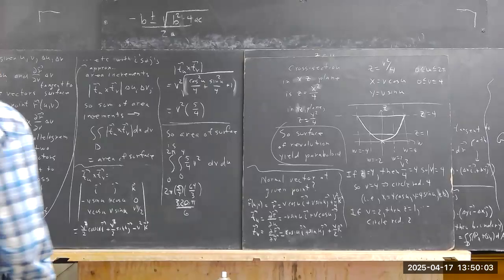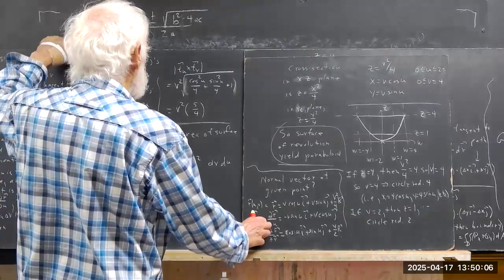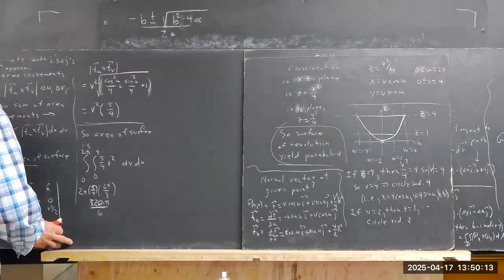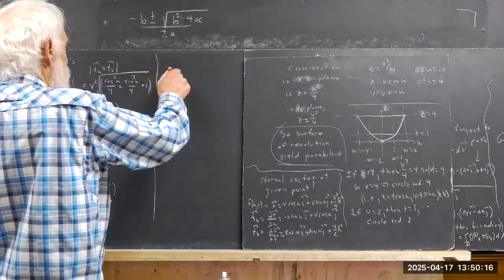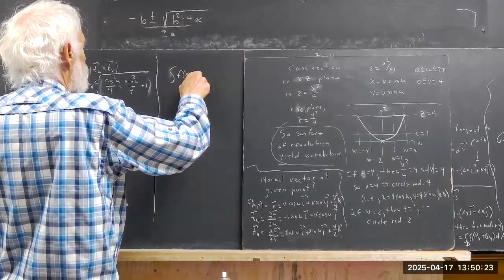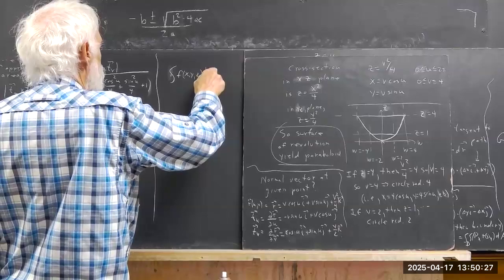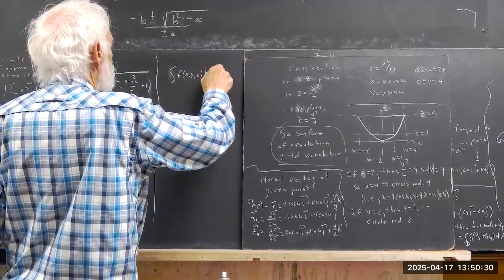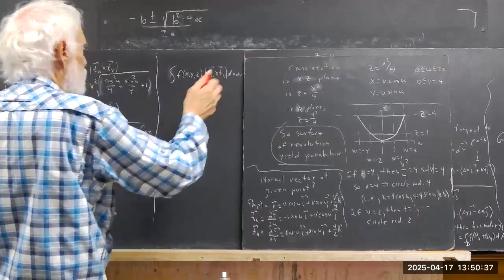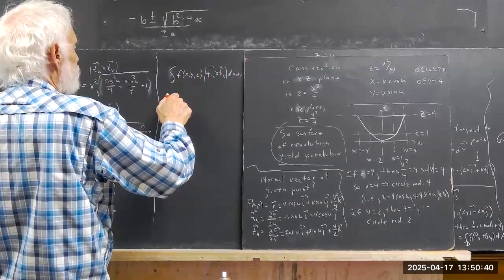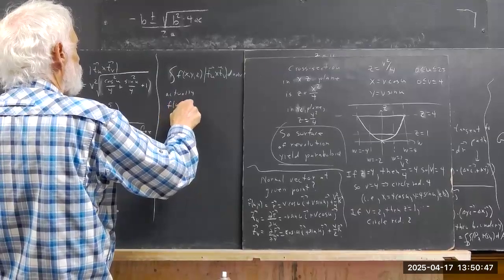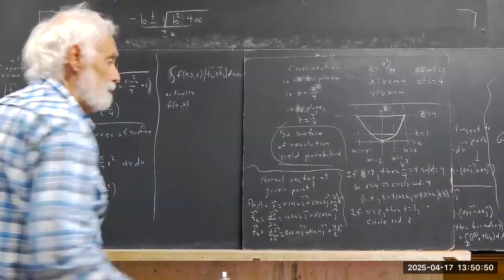So that to integrate an f of x, y, z, you have something like an integral of f of x, y, z dv du dv or dv du, where f of x, y, z is actually f of u v.